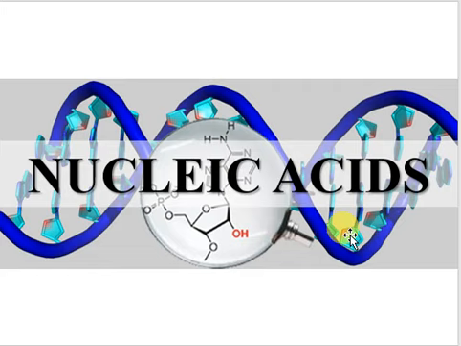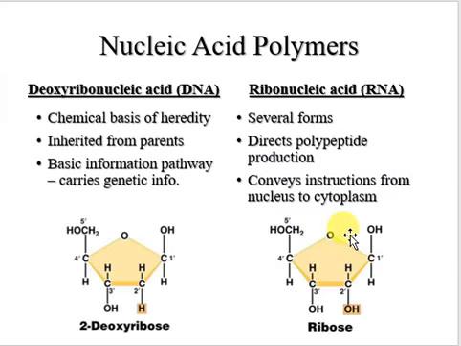The reason why we're talking about DNA is because it's a polymer that belongs to a group of macromolecules called nucleic acids. Nucleic acids have two types of polymers. You have deoxyribonucleic acid, which is DNA, and ribonucleic acid, which is RNA. DNA is the genetic material that organisms inherit from their parents. And again, you can think of it as the genetic blueprint for the instructions for building proteins.